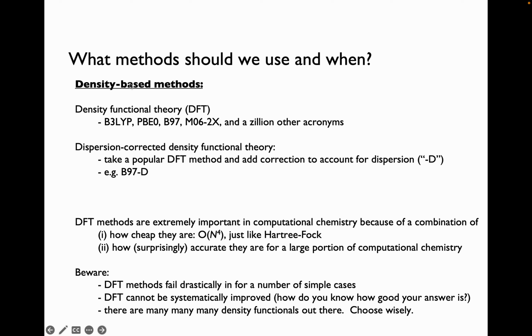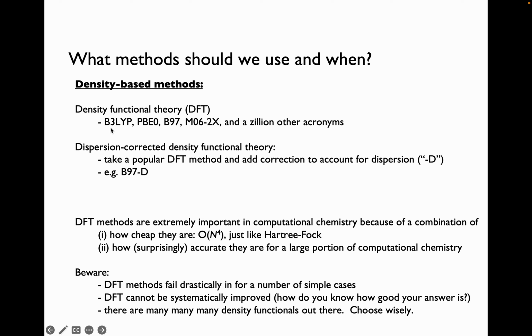And so it can allow us to map the density to the energy. So part of what density functional theory does is try to come up with good approximations to that functional, to map the electron density to the energy and allow you to optimize the electron density using the variational principle. In other words, minimize the energy through the density using the variational principle. Okay, so there are lots of different formulations.